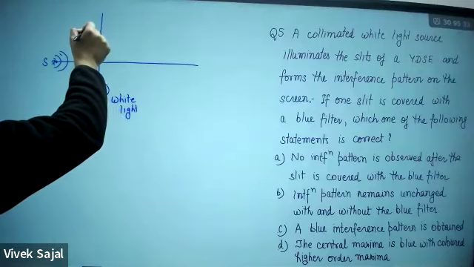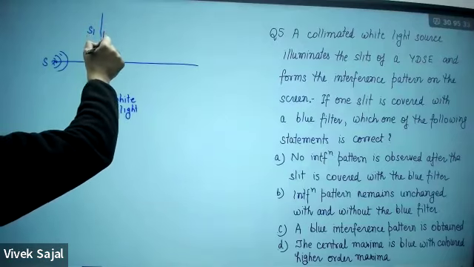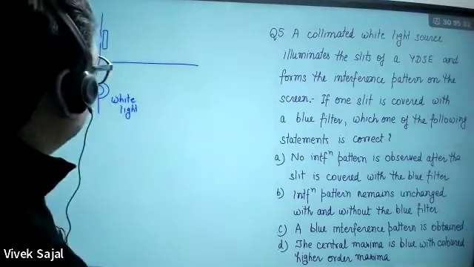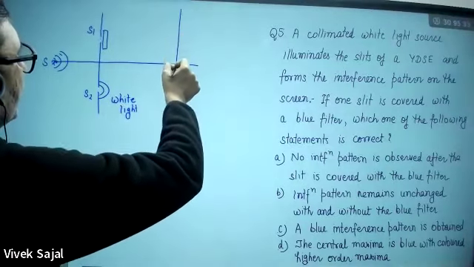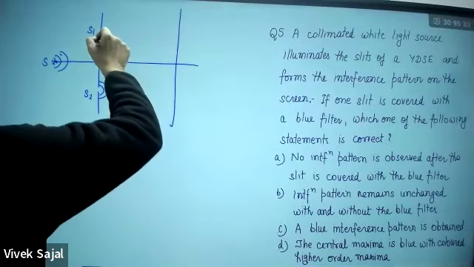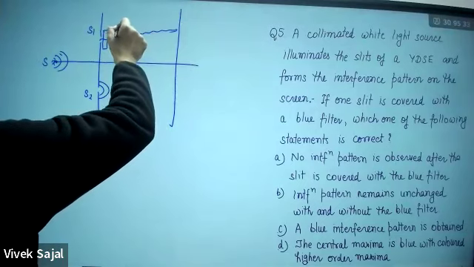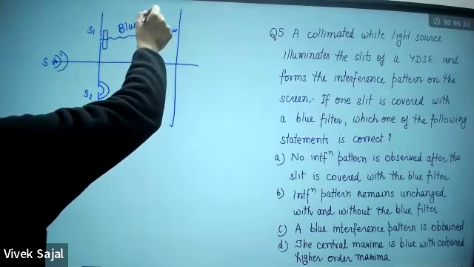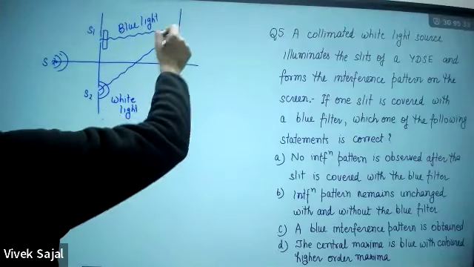And in front of S1, you have placed a filter. This filter is only allowing blue light, so through S1 only blue light is passing. And this is white light.